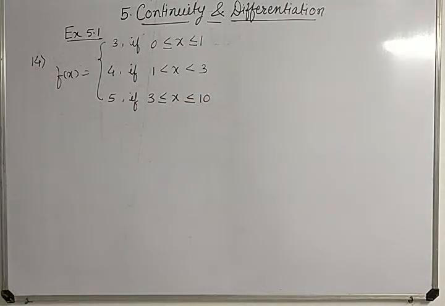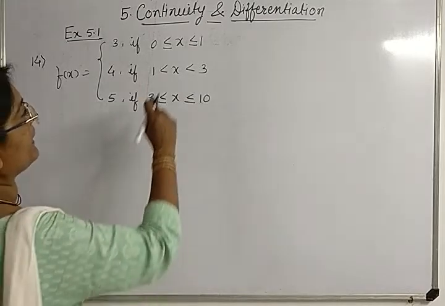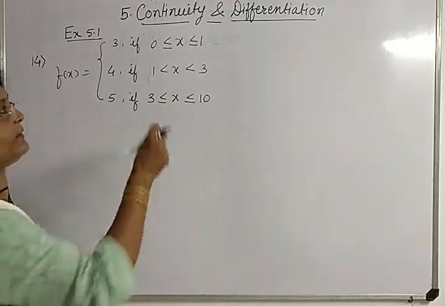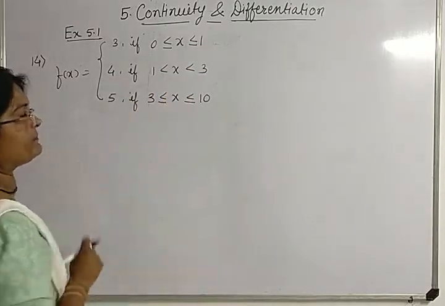Now in this question, the definition of the function is changing at 1 and at 3. Means you have to check it at 1 and 3.